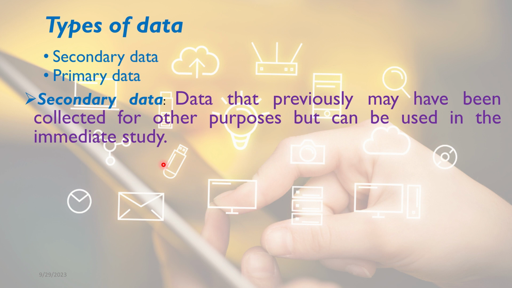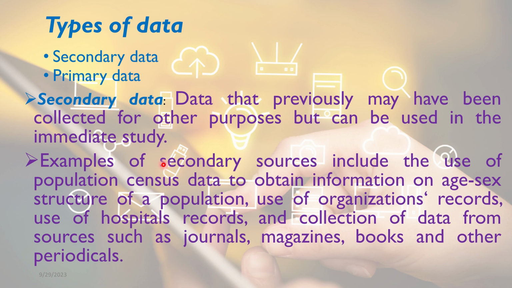It means if you have available data somewhere in the records, you can collect data from there and simply use it. You are not doing any observation or experimentation for collection of this type of data. For example, secondary data include population census data about the age and sex structure of the population.